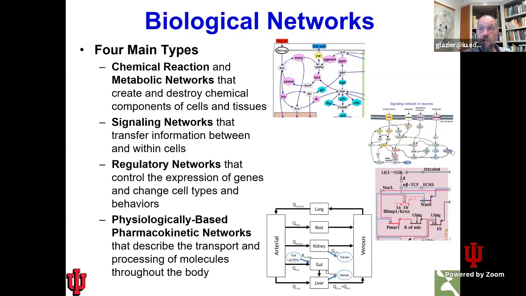And Josh has been doing some nice work on signaling networks and the combination of regulatory networks in terms of viral resistance, interferon-based viral resistance, and we'll do that. So these are four classes of network. Again, structurally, they're identical. The time scales over which they operate, the names of the nodes, and the types of arrows and links they have will differ. But mathematically and conceptually, they're the same.